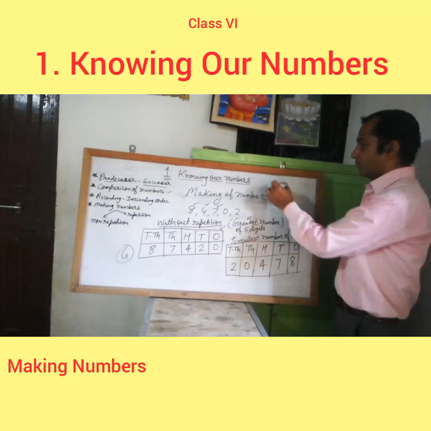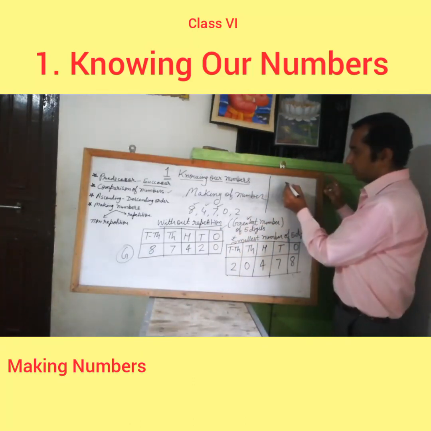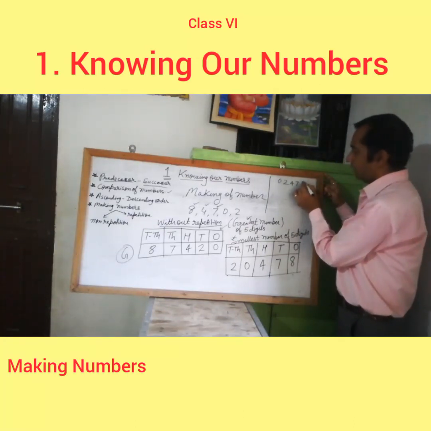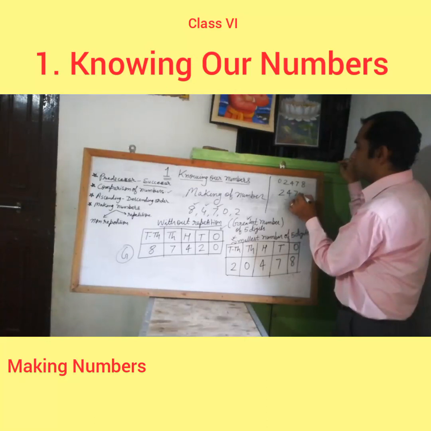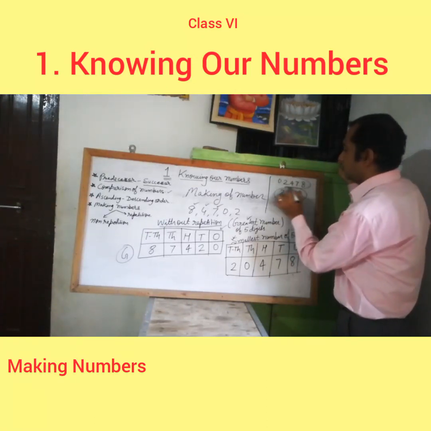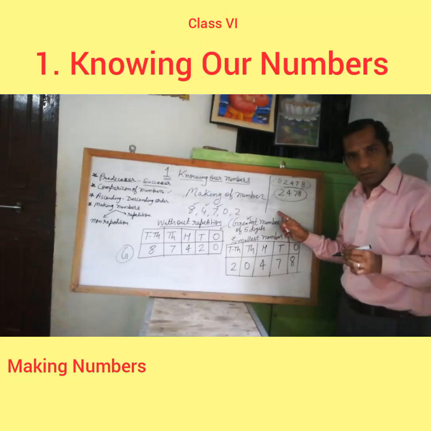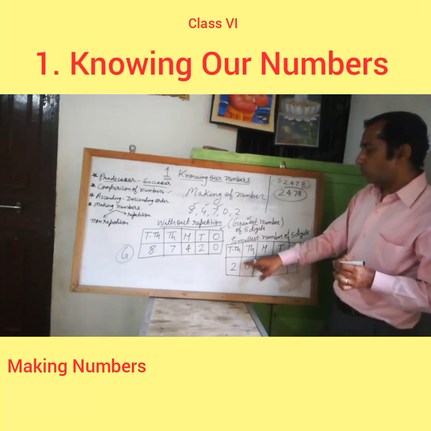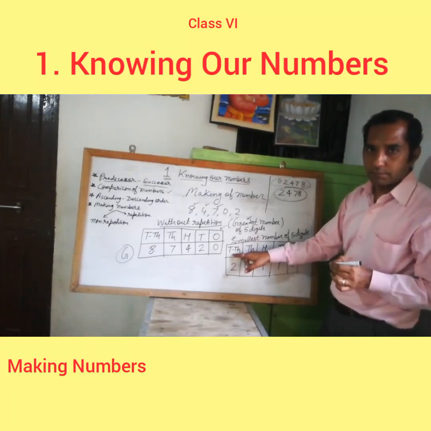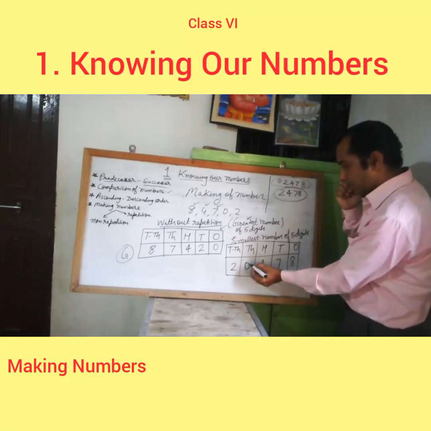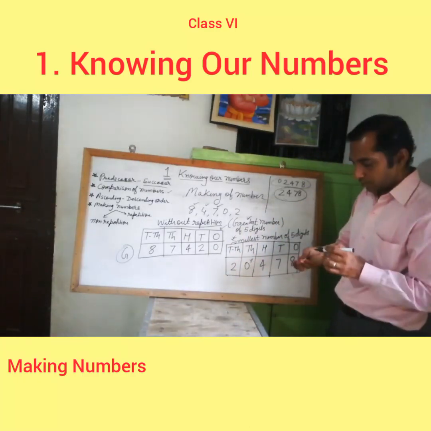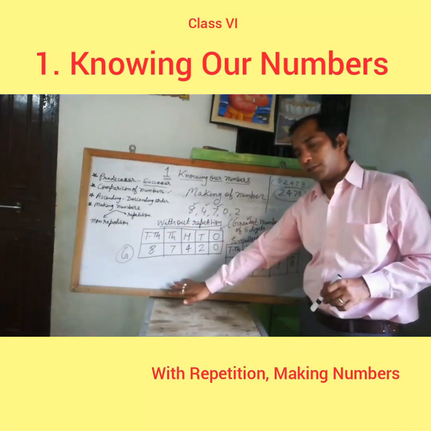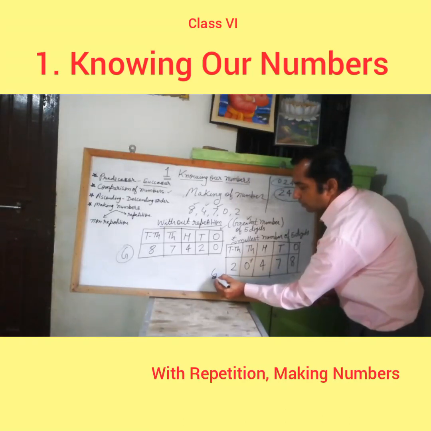Now the important thing, listen. 0, 2, 4, 7, 8 and 2, 4, 7, 8, these both are the same number. So that is why we don't write 0 in the 10,000 place. Clear? So this is the main thing. What we have learned: making numbers without repetition, greatest number and smallest number.